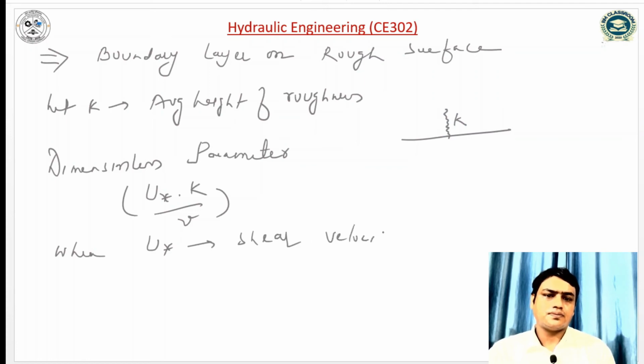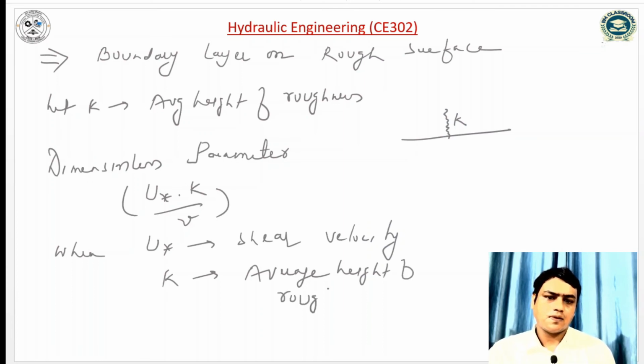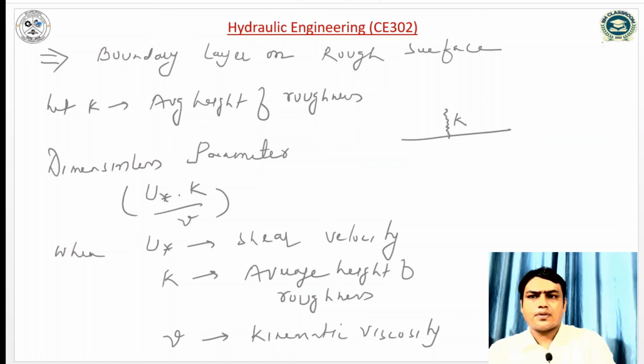k is the average height of roughness, and nu is the kinematic viscosity. So this term is called the dimensionless parameter, u star k by nu.